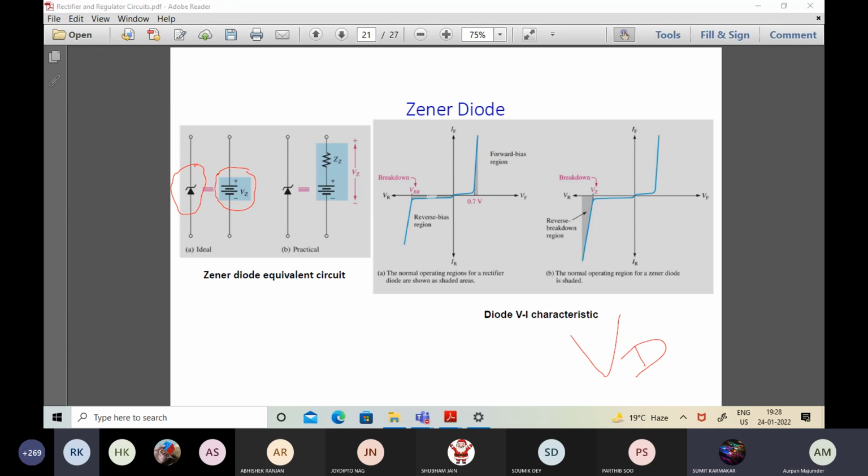Now the point is, why do we represent it as Vd? Because under forward bias, the mechanism of transport of carriers in the Zener is very similar to that of a normal diode. The difference happens in the reverse bias only. What I was talking about, the quantum mechanical tunneling of electrons, is because of which we have an excessive rate of current flow through the device, obviously keeping within the limits of the power dissipation of the Zener diode.